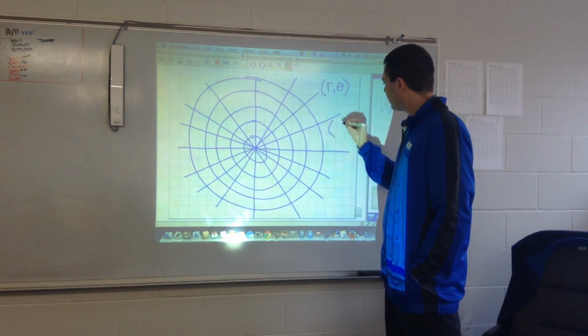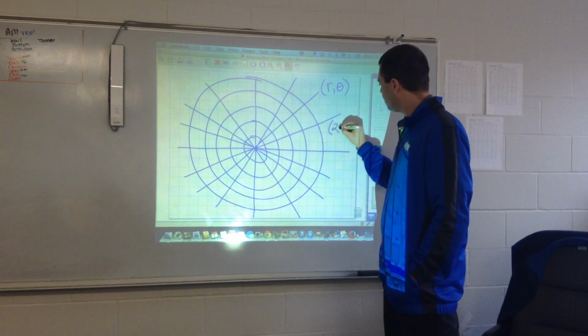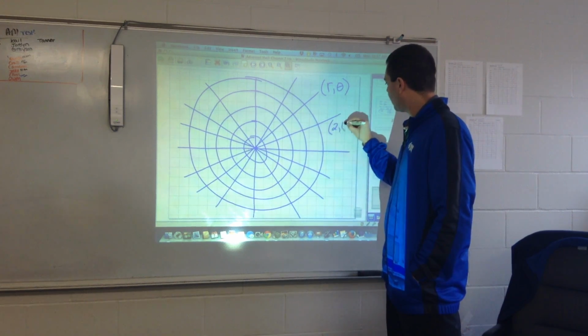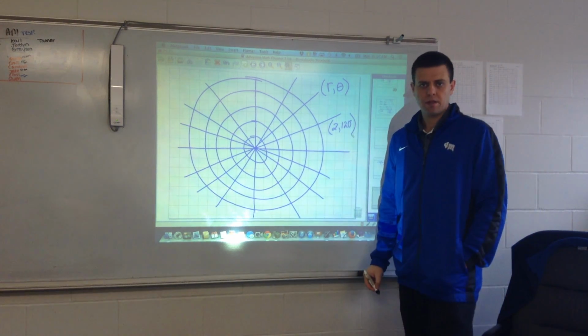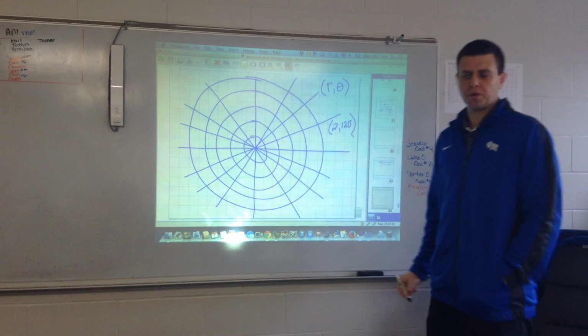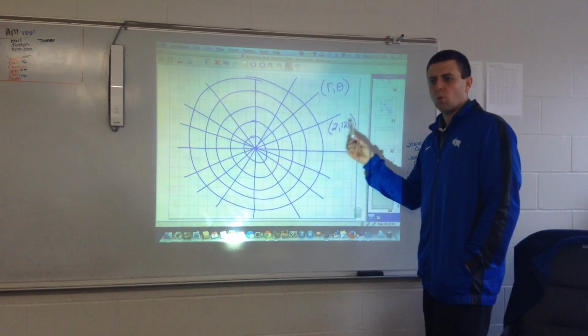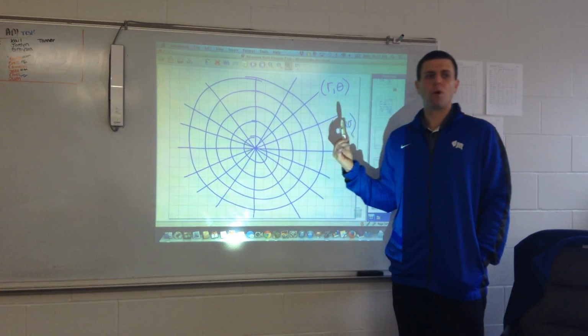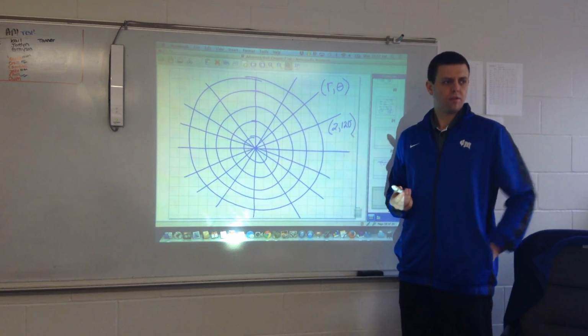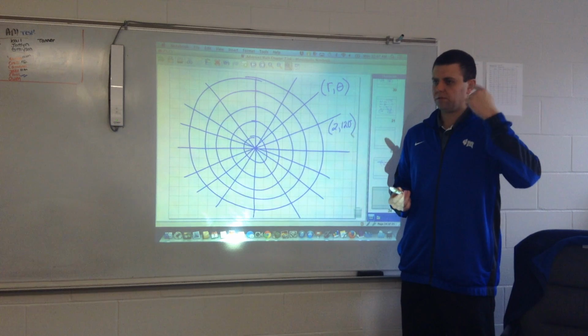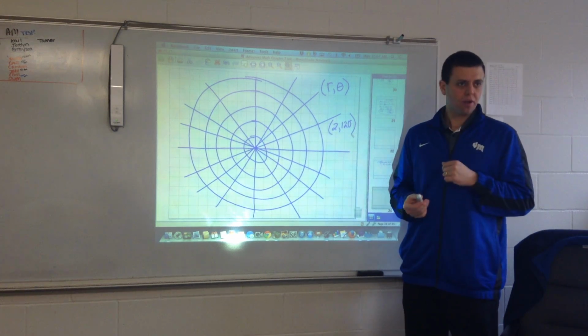Let's say I asked you to plot the point 2, 120 degrees. What is this coordinate then telling you? Second circle at 120 degrees.